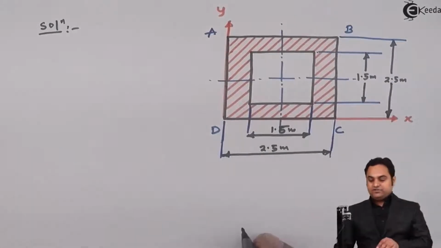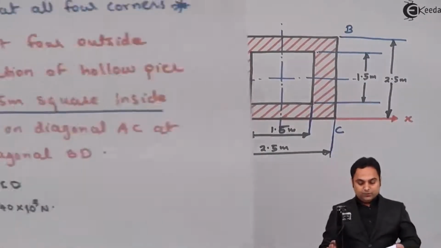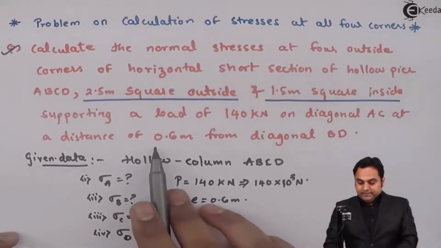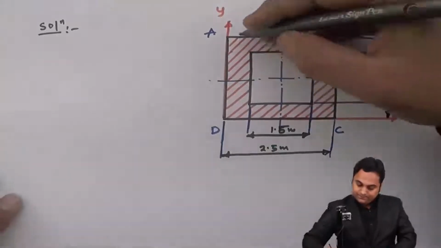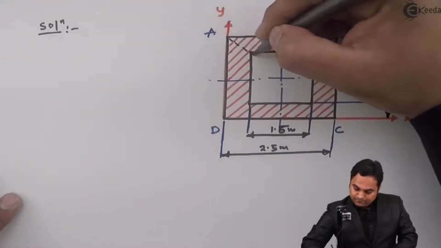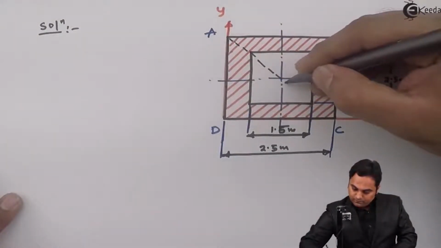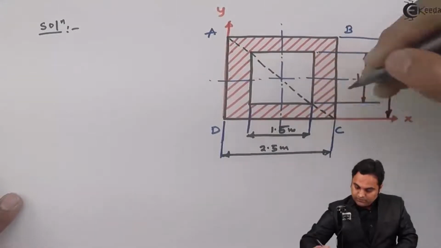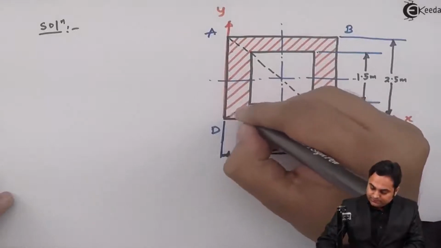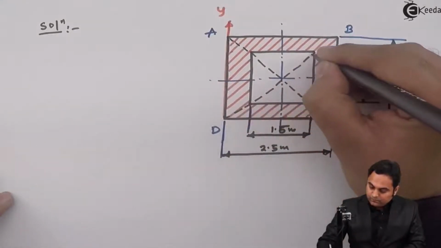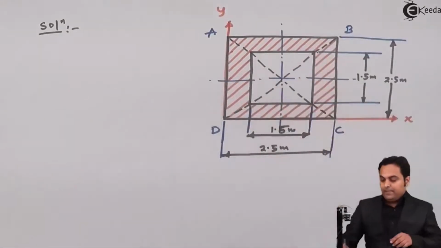So this is a square section, and here in this problem it is given that the eccentricity is on the diagonal, so we have to join the diagonals here. Here we have diagonal AC. Next we have diagonal BD.